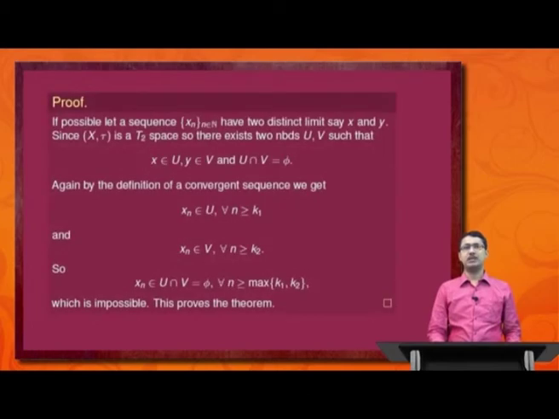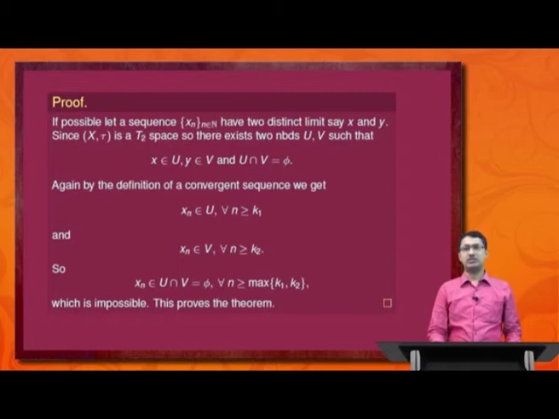Proof: if possible, let the sequence have two distinct limits, say x and y. Since (X, τ) is a T2 space, there exist two neighborhoods U and V such that x belongs to U, y belongs to V, and U intersection V is equal to φ. Again, by the definition of convergent sequence, xn belongs to U for all n greater than or equal to some positive integer k1, because U is a neighborhood of x and xn converges to x.